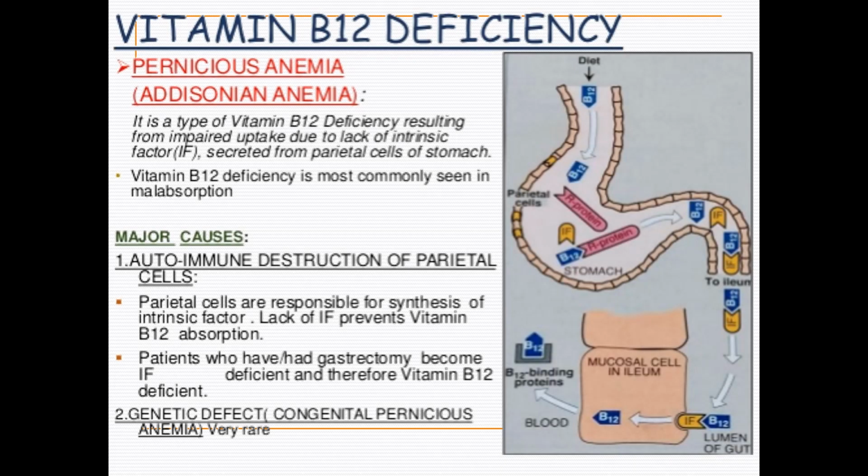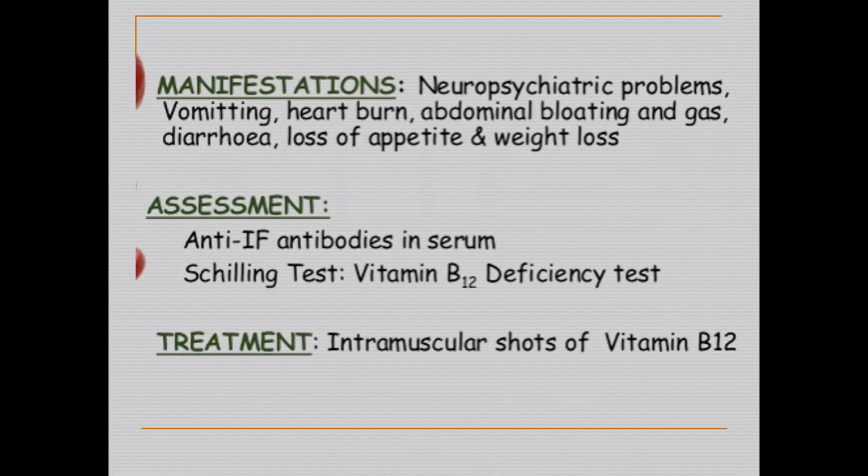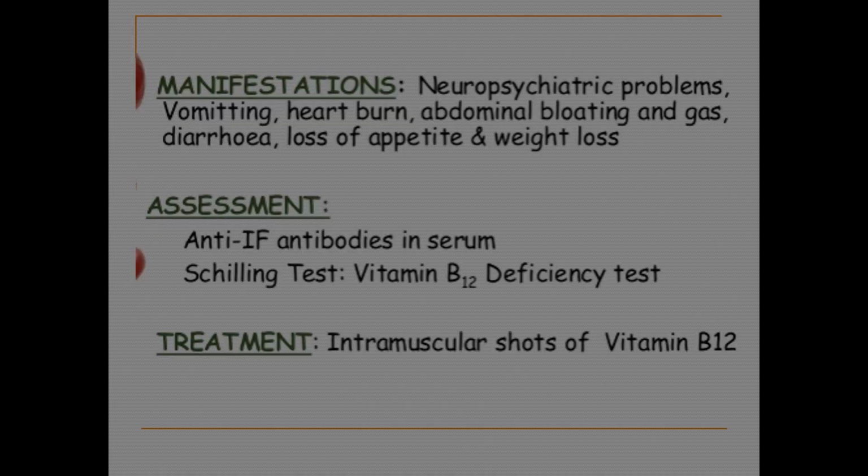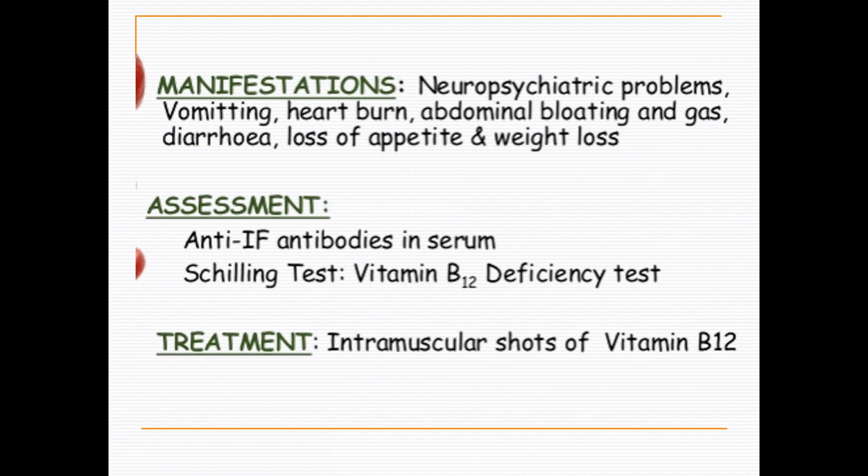It is a vitamin B12 deficiency resulting from impaired uptake due to lack of intrinsic factor, which is secreted by the parietal cells of the stomach. The major causes are autoimmune destruction and genetic defects. The clinical manifestations are neuropsychiatric problems, vomiting, heartburn, abdominal bloating, gas, diarrhea, loss of appetite, and weight loss.